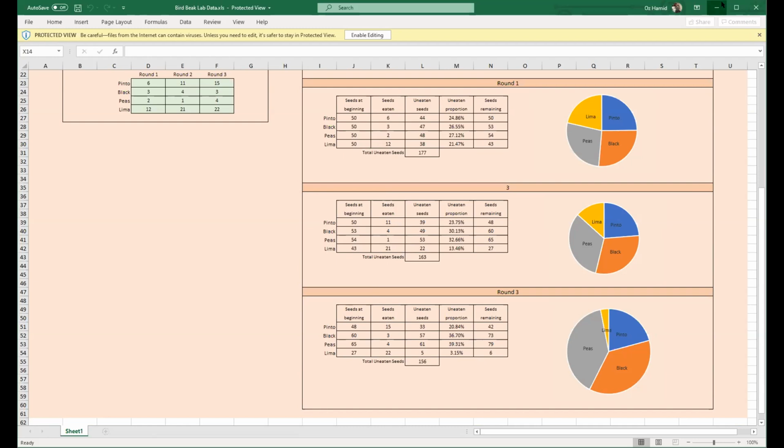So activity 3, I posted a video for you guys to watch. But there's also in your lab manual a passage to read about activity 3. But essentially, Peter and Rosemary Grant were researchers, and they went to the Galapagos Islands, specifically Daphne Major, to do some investigations on natural selection and Darwin's finches.